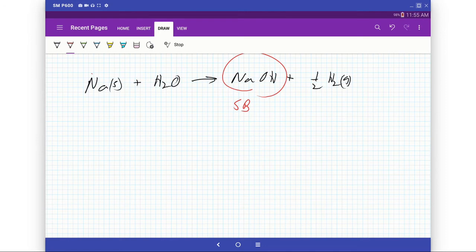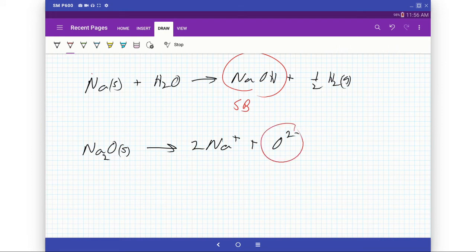The other chemical that was there, on the surface, was sodium oxide. Sodium oxide, Na2O, is a salt. And so it's going to dissociate to give you just sodium ions plus the oxide ion. Oxide was also listed as a strong base.